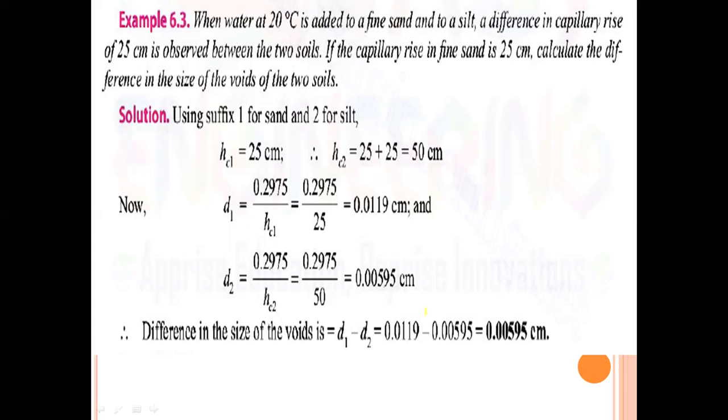If the capillary rise in fine sand is 25 centimeters, calculate the difference in size of voids of the two soils, using suffix 1 for sand and 2 for silt. So 1 is the sand and 2 is the silt in capillary heights.